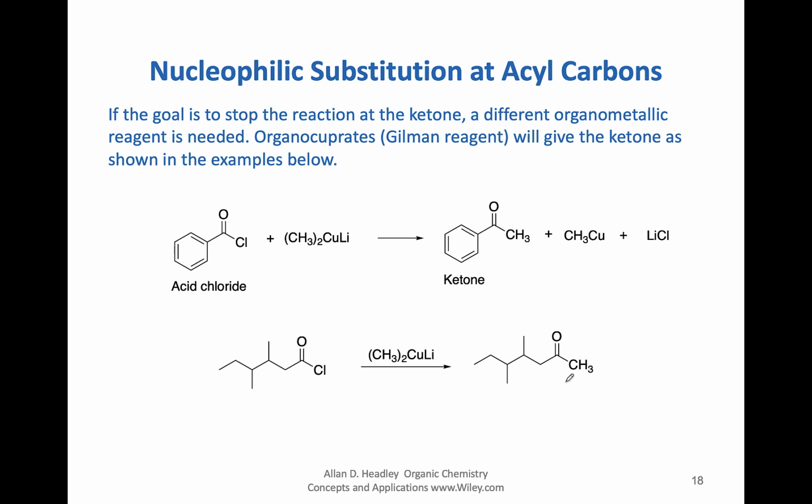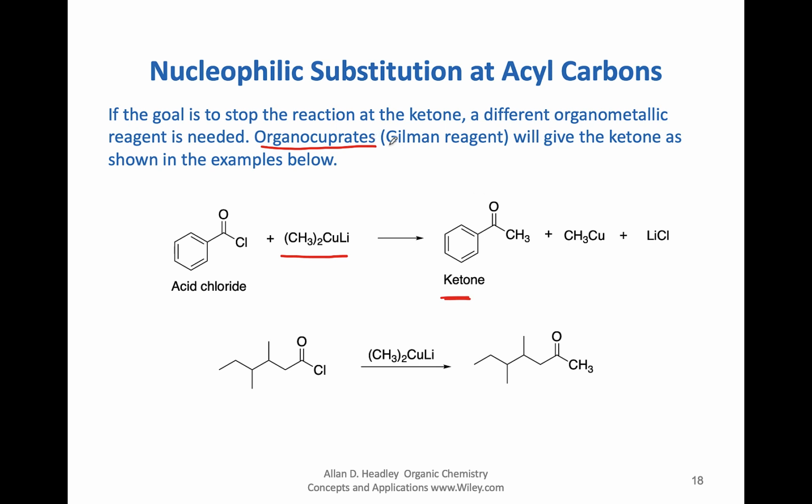You may be wondering, how do I stop it at the ketone? You stop it at the ketone by using a nucleophile that's not as reactive as the Grignard reagent. You may recall that the organocuprates are not as reactive because the element, the copper, is not as electropositive as magnesium, so therefore it's not as reactive.